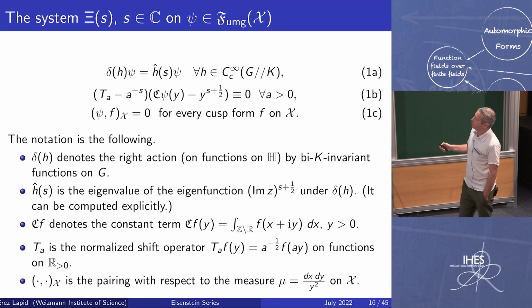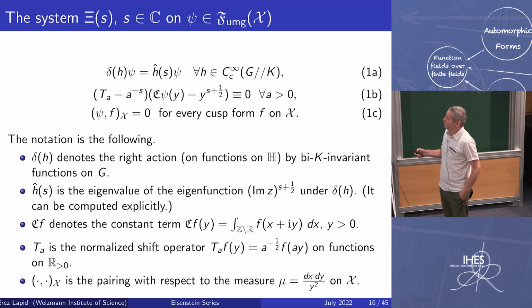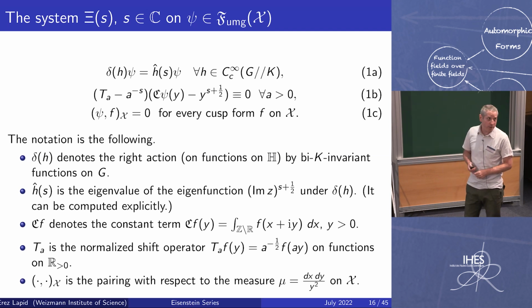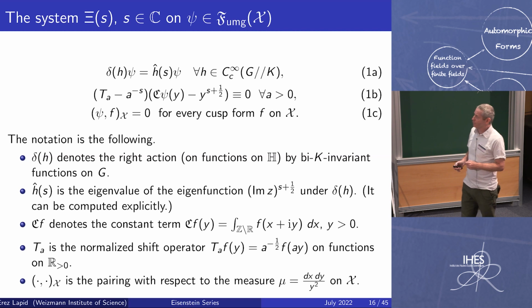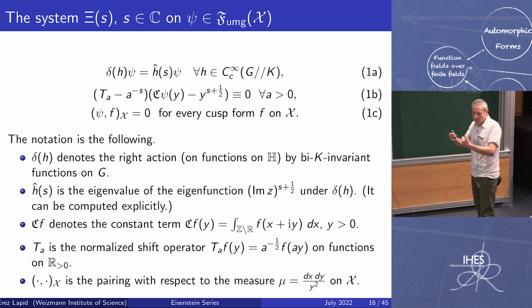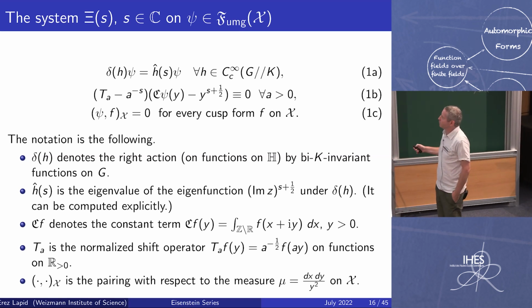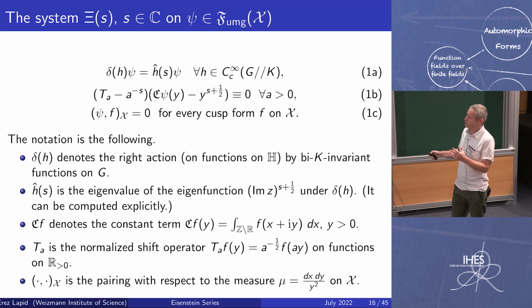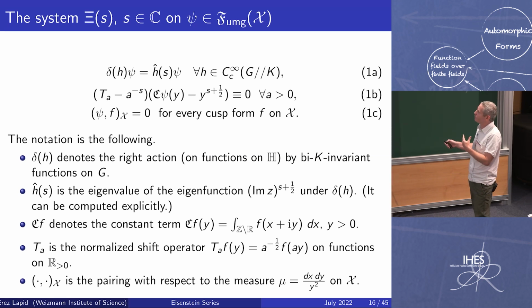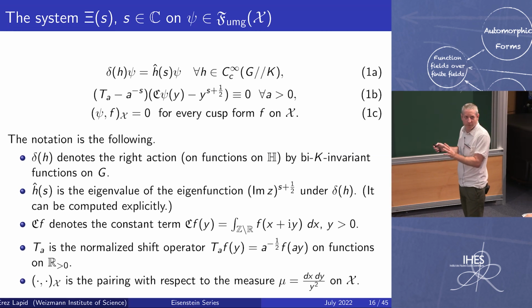The claim is that under all these convolution operators, psi is an eigenfunction with an explicit eigenvalue, which is just the eigenvalue of the function y to the s plus half, because I just average, so this commutes, so it will still be an eigenfunction after I average. And this eigenvalue can be explicitly computed. This is some kind of Selberg transform. I mean, the space is also very concrete, so there's no mystery here.